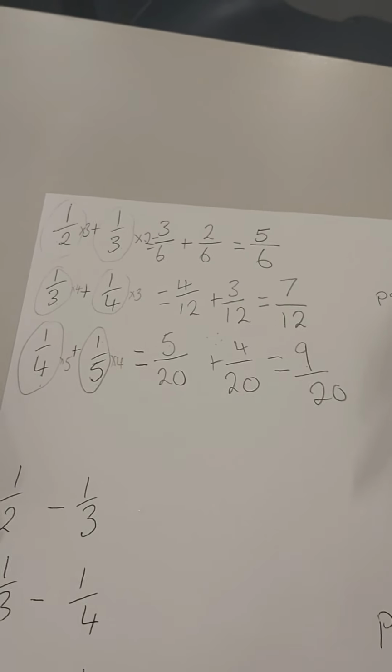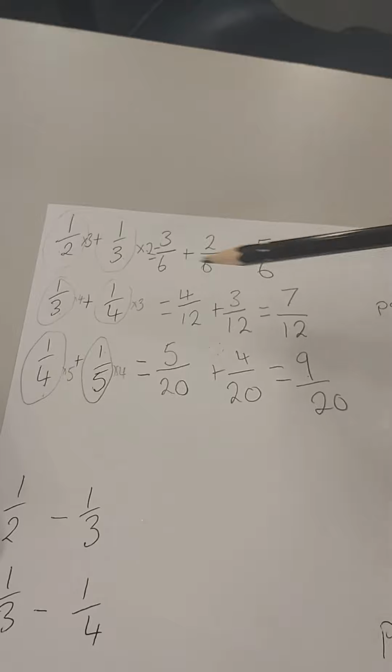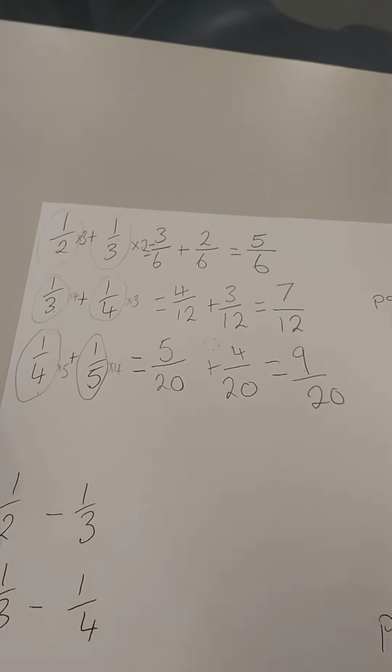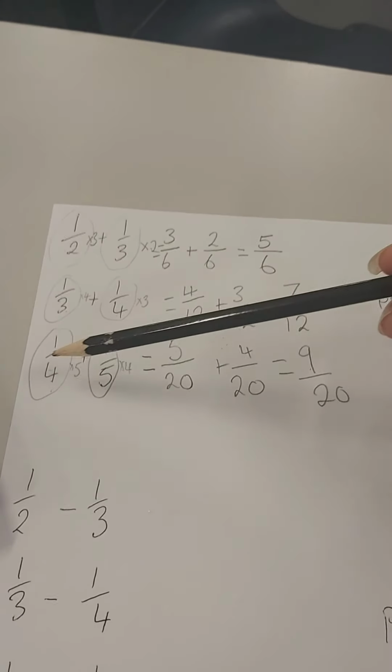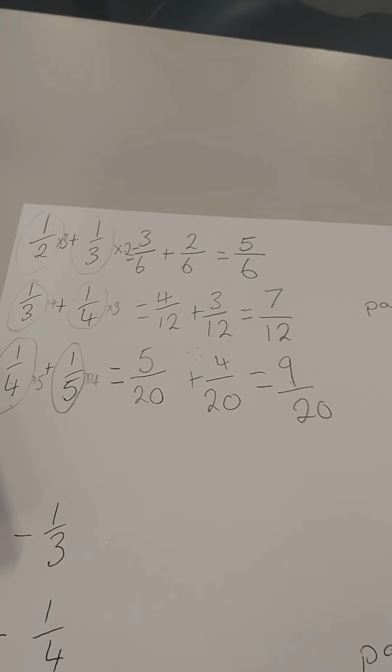Let's have a look and see if it works for the second one. So 3 plus 4 gives me 7. 3 times 4 gives me 12. So far, so good. Let's try again. 4 plus 5 gives me 9. 4 times 5 gives me 20. I think that is our pattern.